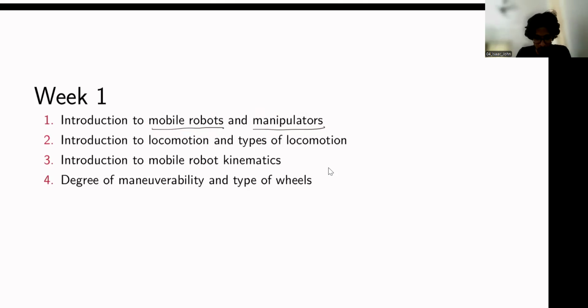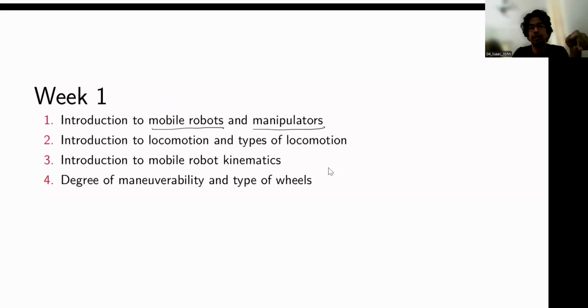But in the case of a mobile robot, any effect on the environment results in the motion of that robotic system itself. The only effect a mobile robot can have is through its wheels in the case of a wheel mobile robot, or through its legs in the case of a legged robot, or in the form of thrust if you're talking about a drone or an aerial mobile robot.